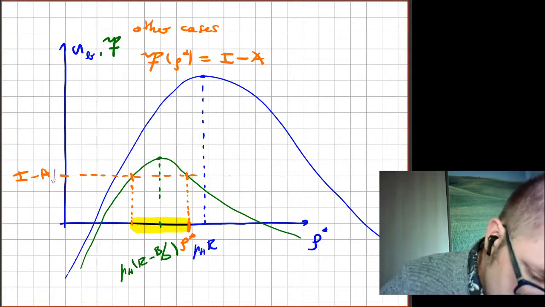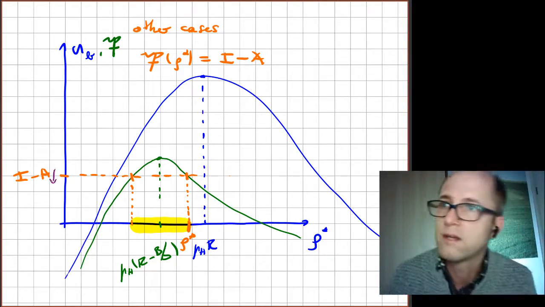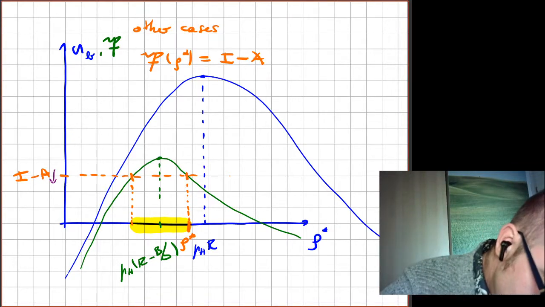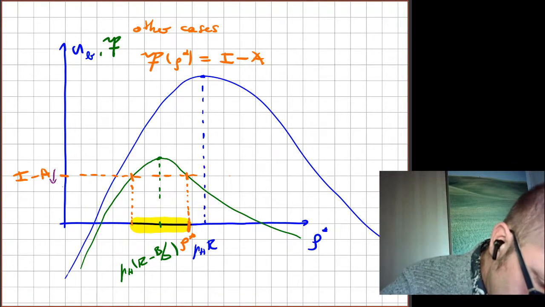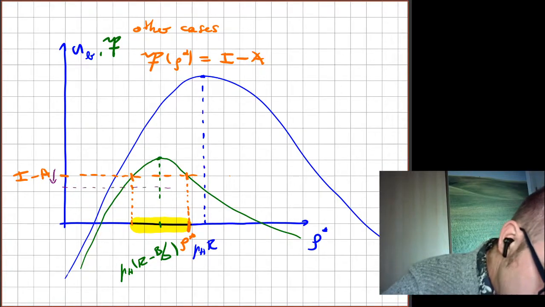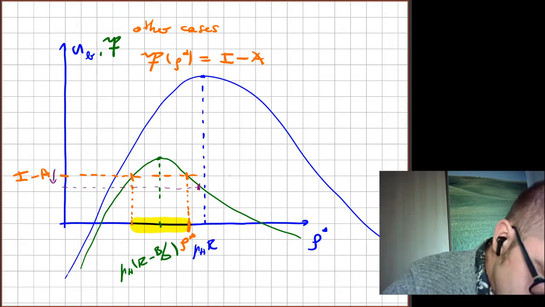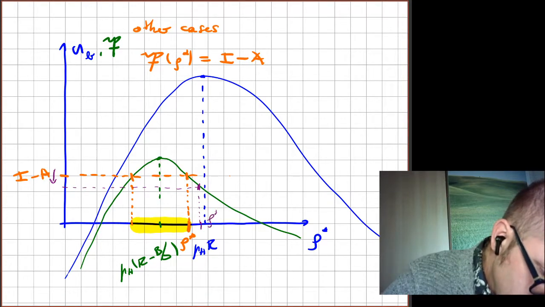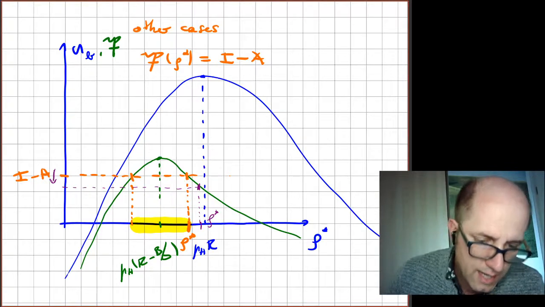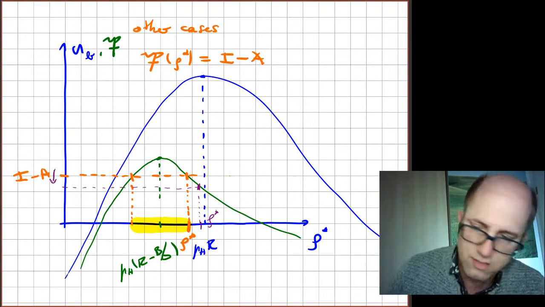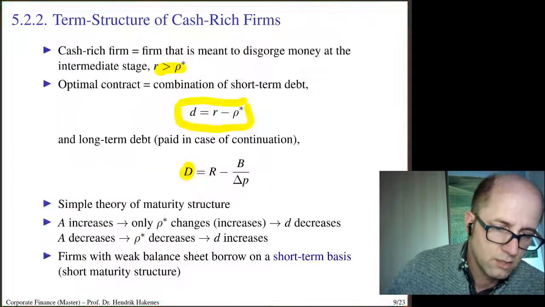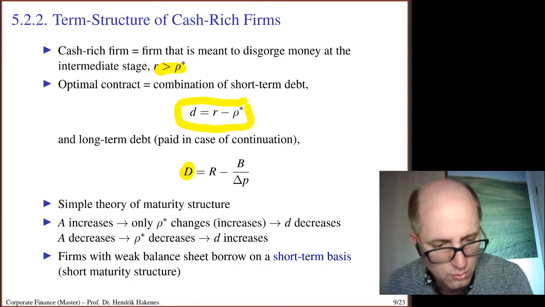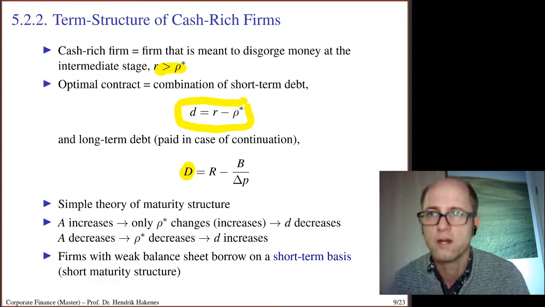I'm going to make it a little bit thicker. So here's the arrow, I minus A goes down. So that means we have a line that's a little bit lower here. This is the new A minus I. So this is the new rho star, and it's at a higher level. So D is equal to R minus rho star, so that will be at a lower level.